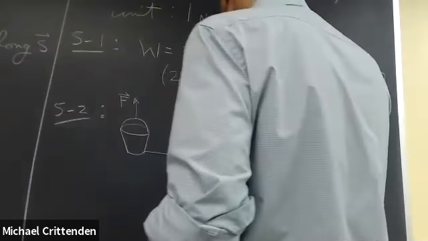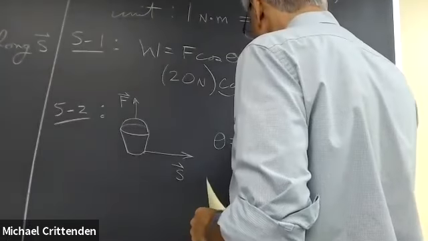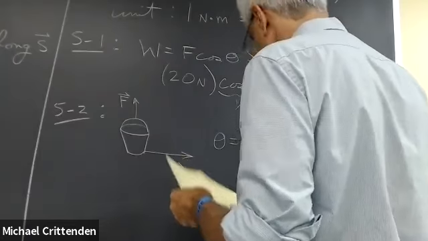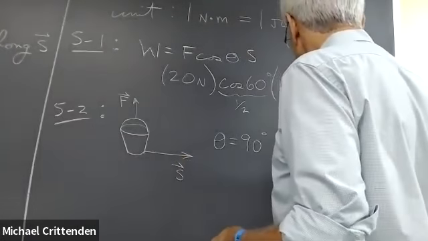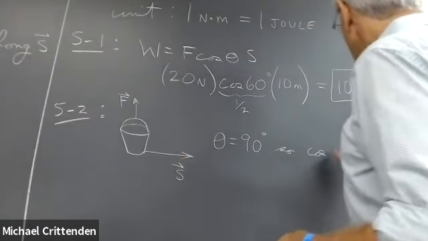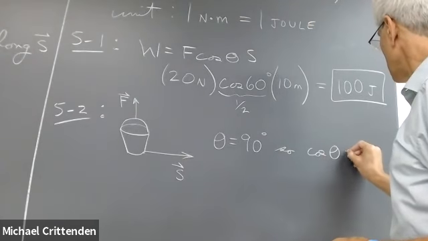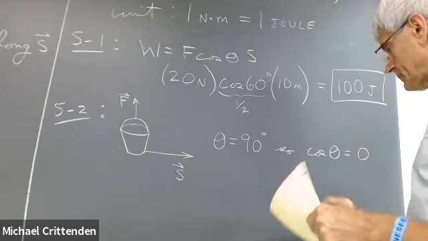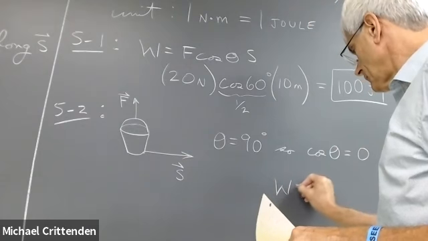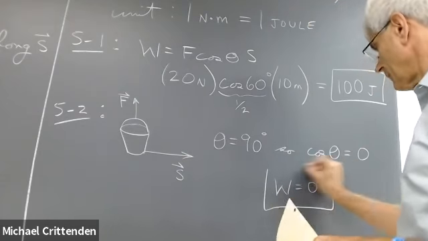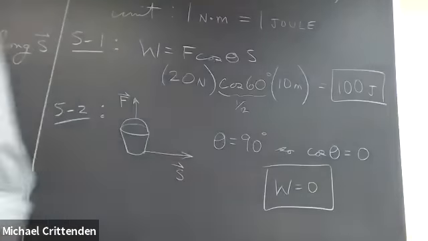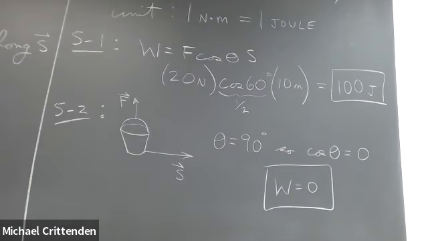So since theta equals 90 degrees, the cosine of 90 degrees is 0, no work is done.